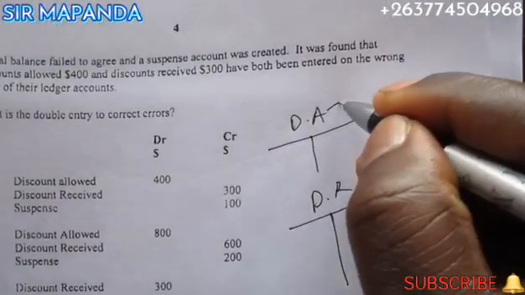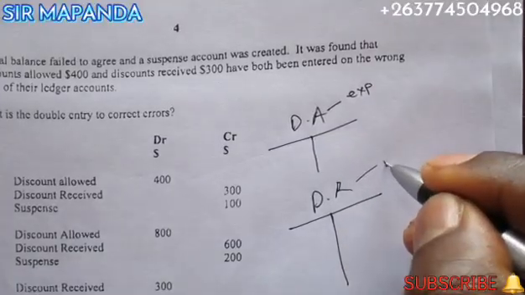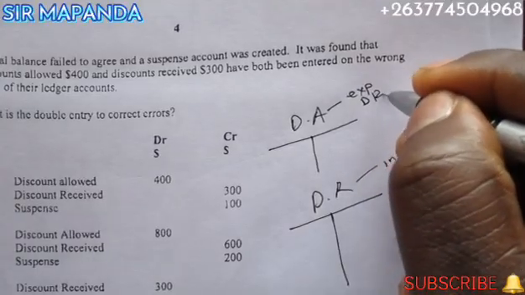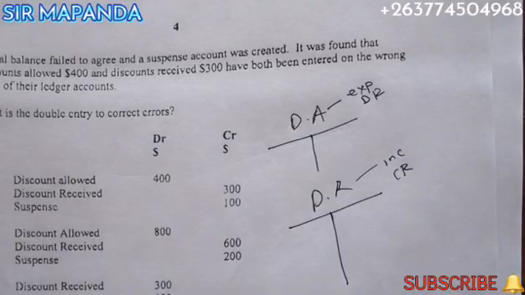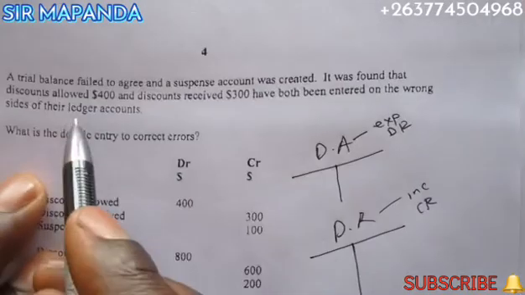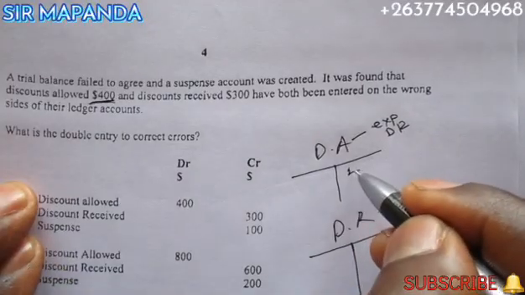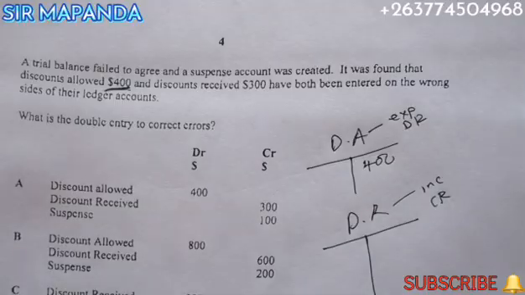So discount allowed is an expense. Know that. Discount received denotes income. So expenses are debited, incomes are credited. So if those amounts were posted on the wrong side of their ledger accounts, it simply means that this discount allowed of 400 was credited instead of being debited, since discount allowed denotes an expense.